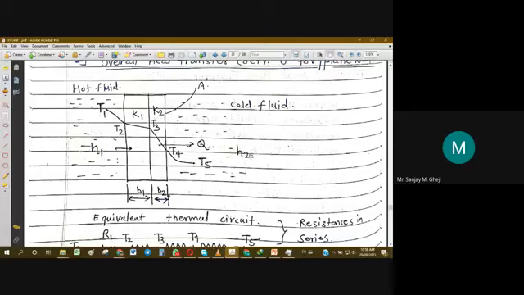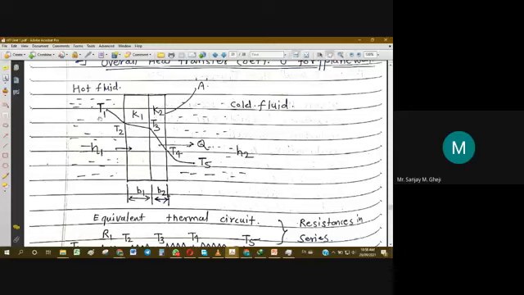For the cold fluid, the heat transfer coefficient is H2 and the temperature is T5. We are numbering temperatures like this in successive manner, in reducing order, because for the wall construction there will also be some temperatures.